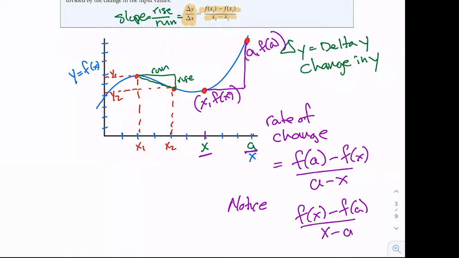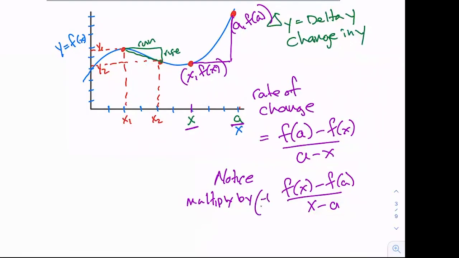Multiply the top and bottom by negative 1 over negative 1. So it's a little fact that it doesn't matter which point you put first or second, as long as you're consistent and you have f of the first minus f of the second over the first minus the second, then you'll get the same rate. It doesn't matter which one you label as x or which one is labeled as a.